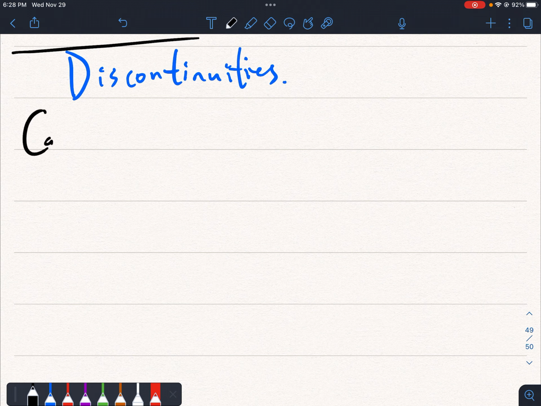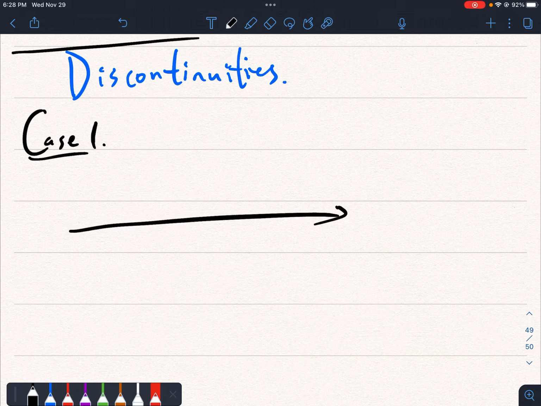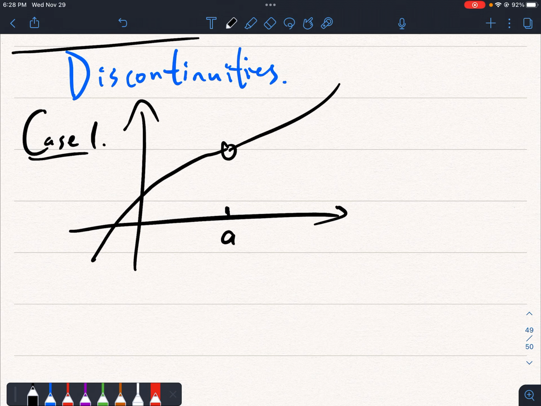But what are the cases when a function is not continuous at a point? So there are many cases, and there might be some overlaps. I'll try to give some examples. So the first case is when the function is not defined at this point, right? So for example, even if both limits exist and are equal, the value does not exist.